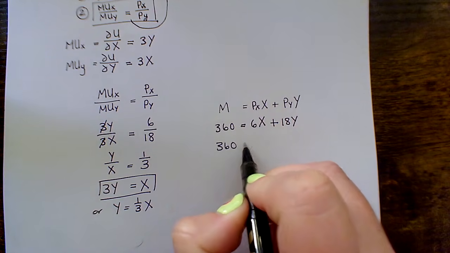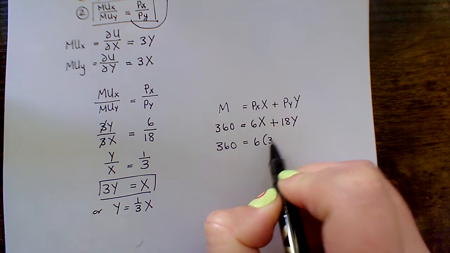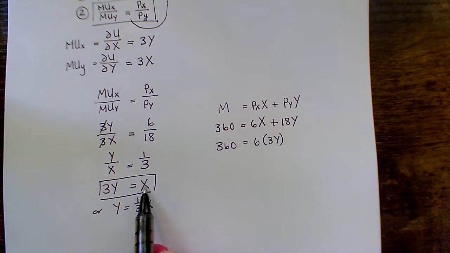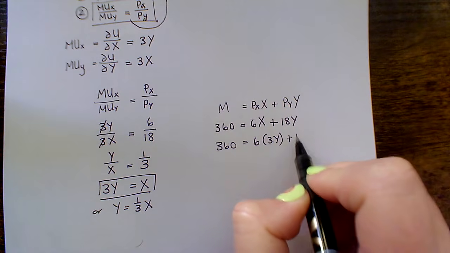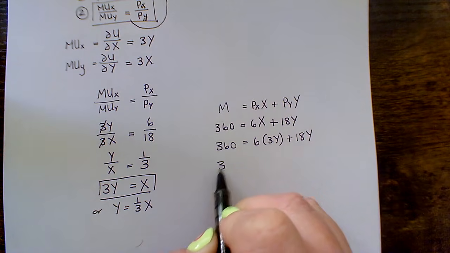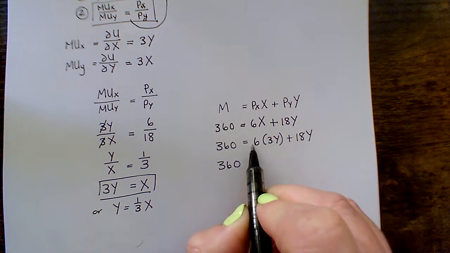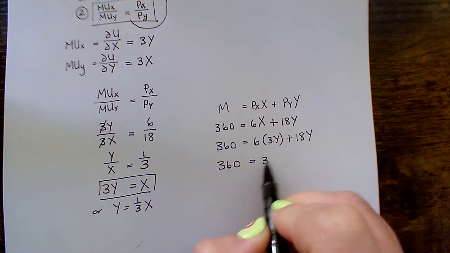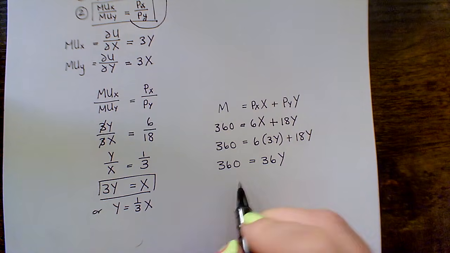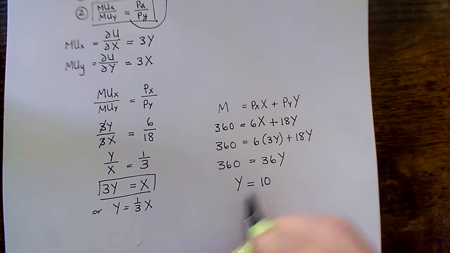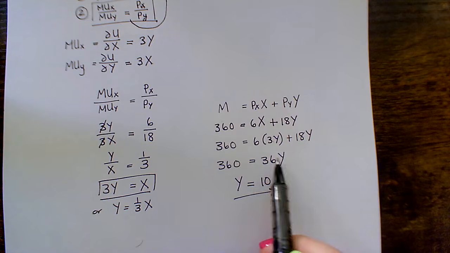So 360 is equal to 6 times 3y. So I'm subbing in 3y for X plus 18y. So what I have is 360 is equal to 18y plus 18y, which is 36y. And that means that y is 10. If I divide both sides by 36, I get 10 equals y.